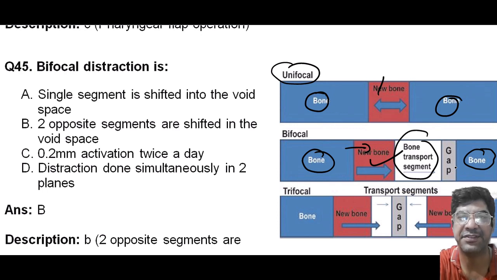So this technique is suitable when gaps or voids exist between the bone segments that need to be aligned.